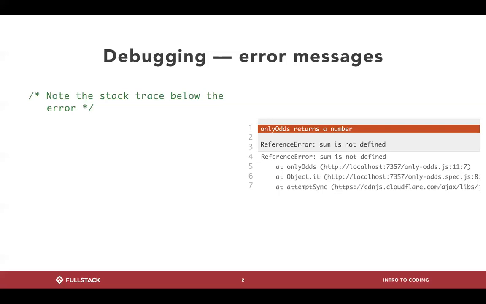So that first number, 11, that's going to be the line that the error occurred on. That's the line that caused something to throw an error, to halt the execution of the code and say, wait, something's wrong. It started at line 11.